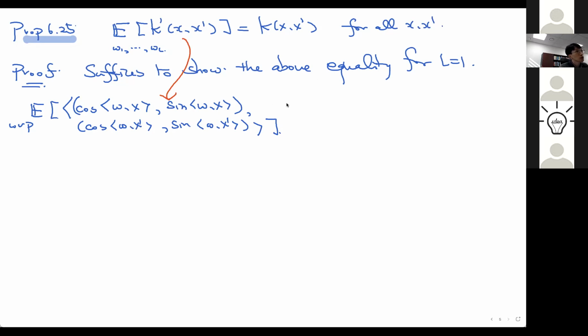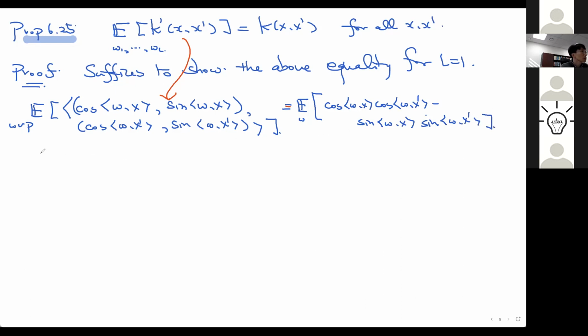Then this expectation, if you just unpack the definitions, is just cosine Wx cosine Wx prime minus sine Wx sine Wx prime.